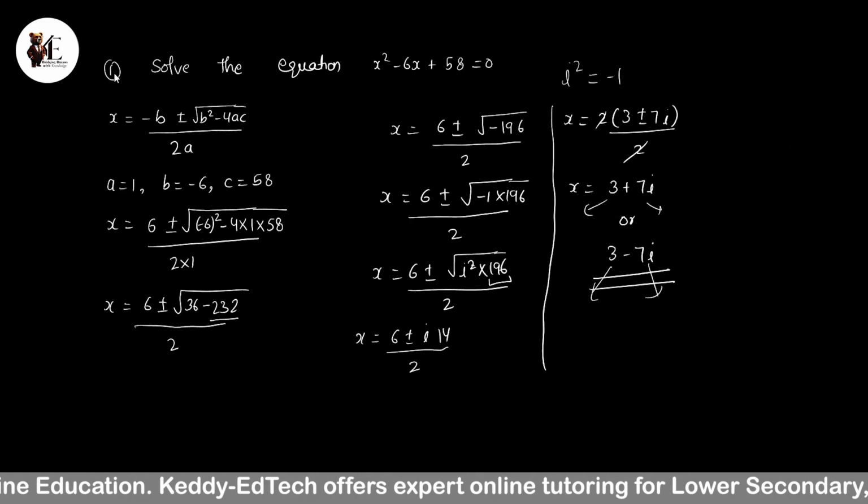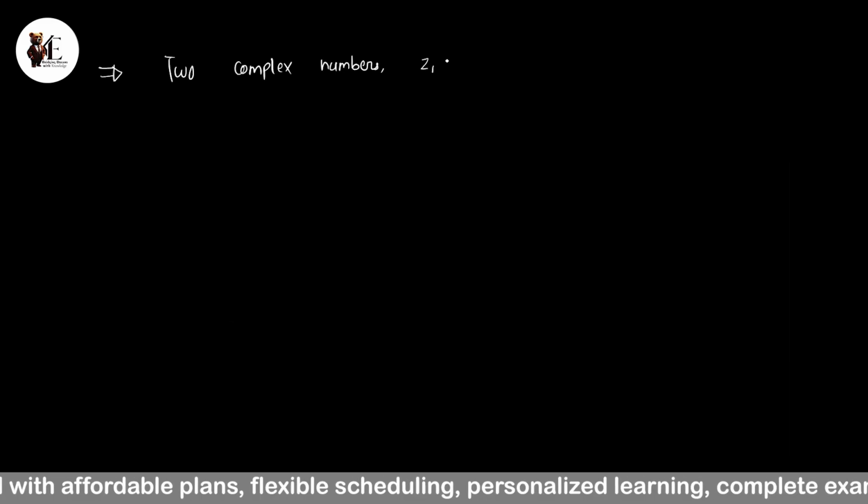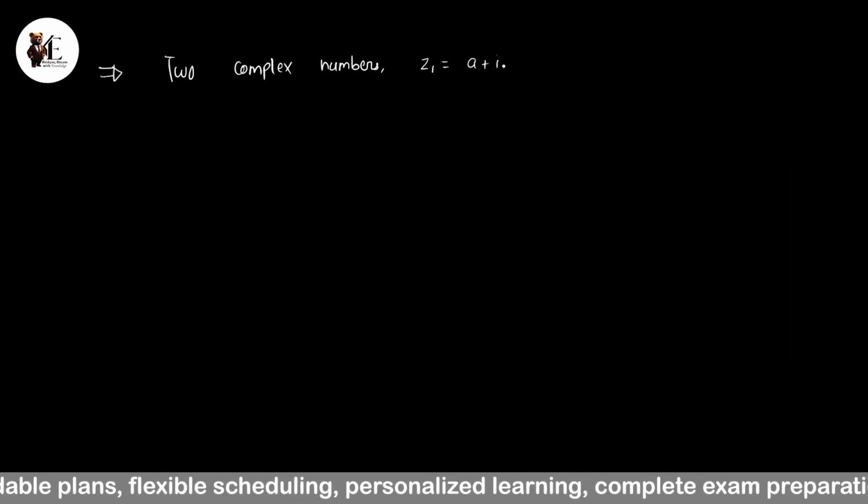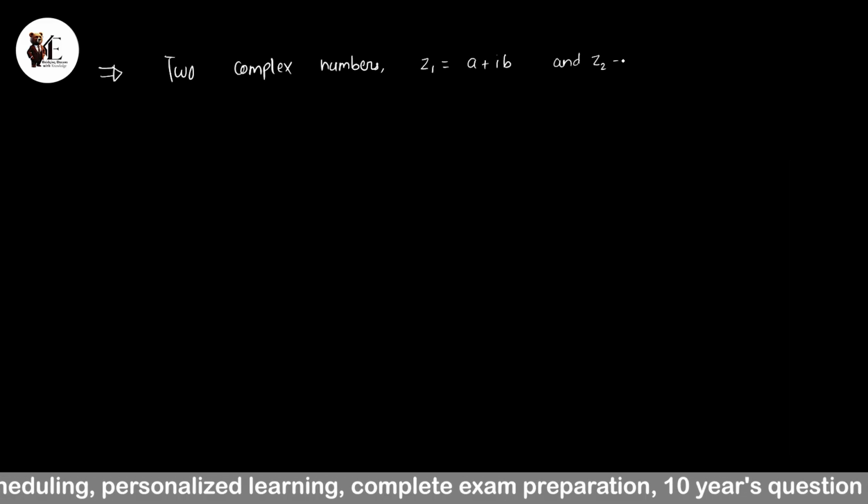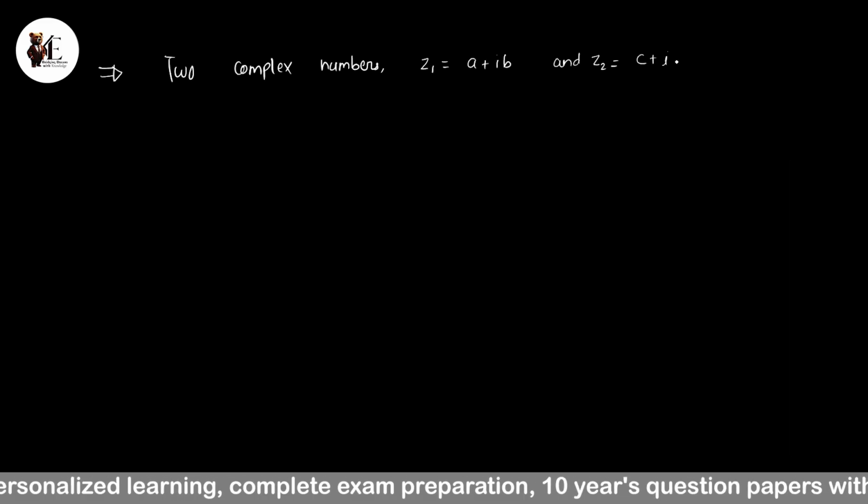So now, the first type of questions are based on whenever two complex numbers are equal. So the condition is that two complex numbers, let's say the first one, Z1 is equal to a plus ib, and the second, Z2, let's denote it c plus id, are equal.